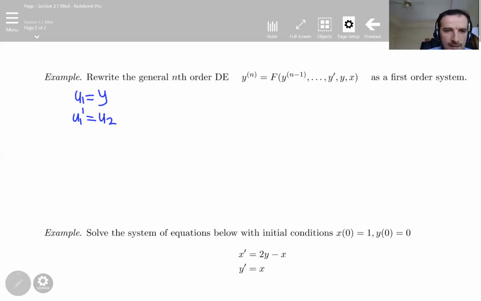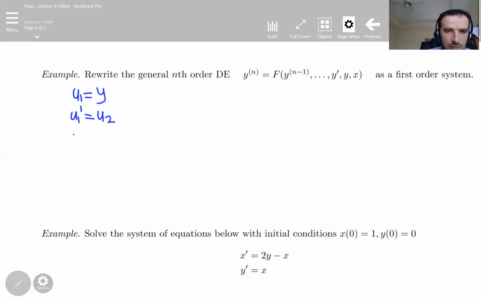In similar fashion, u2 prime is equal to u3, and keep going like that.